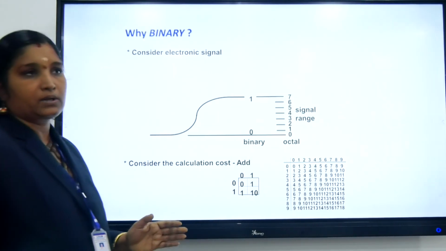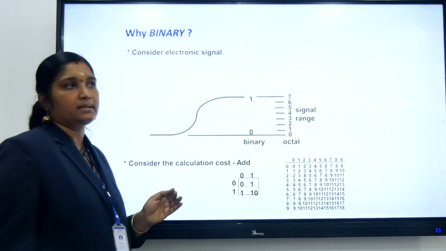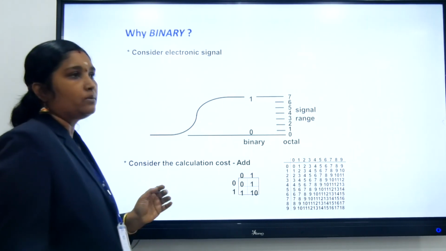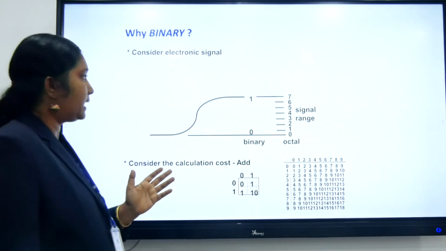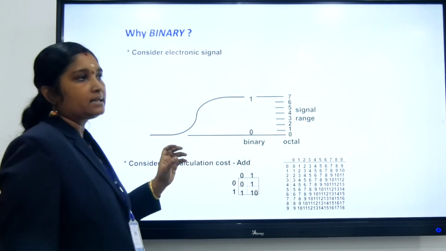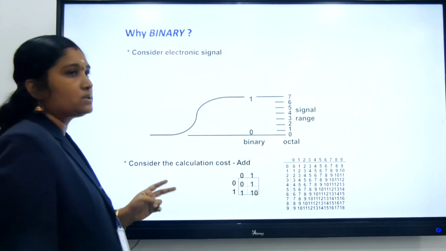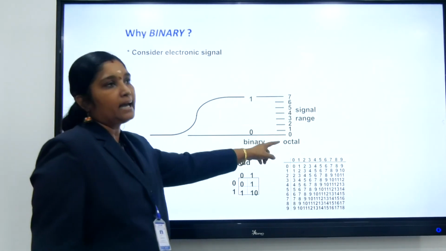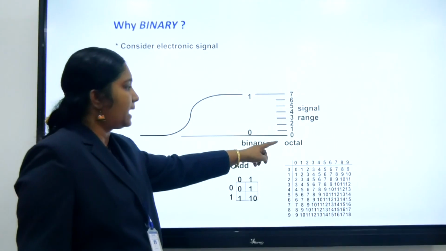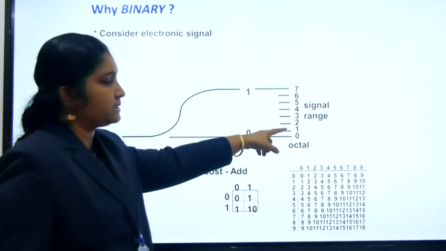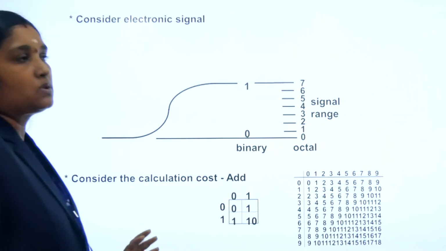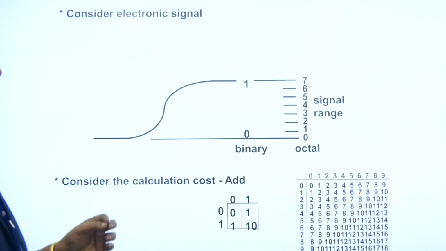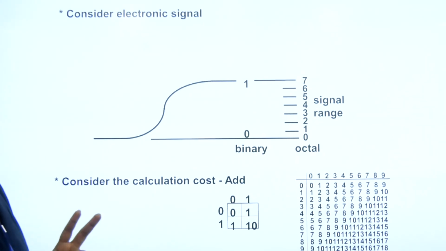In digital circuits, we are using the binary values, that is zeros and ones. Why we use binary values: when we consider the electronic signal, binary has only two values, 0 and 1. The octal number system has 8 levels, that is 0 to 7, so there are 8 variables, but in binary we have only 2 variables.